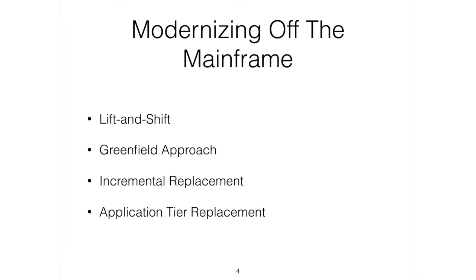Your better strategy is either incremental replacement, where you identify a module and completely replace it, or application tier replacement, where you move the data and then write the compute on top. These emulators only work for very small classes of workloads on z/OS. I would say that roughly 20 to 30% of the workloads can be emulated like that.